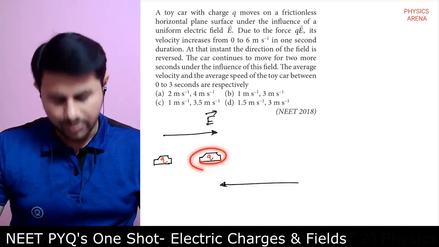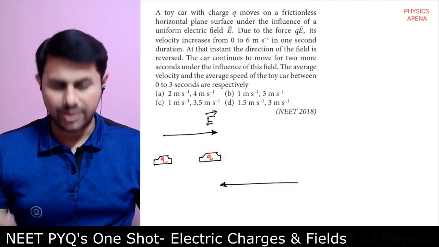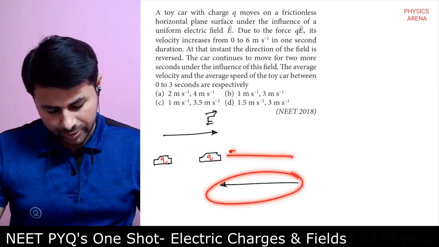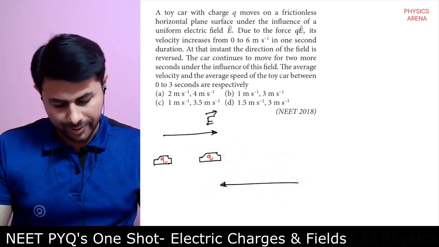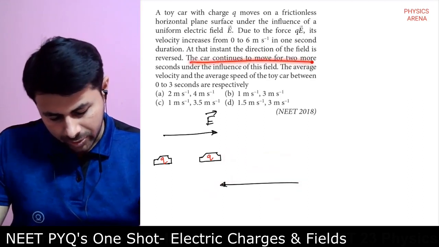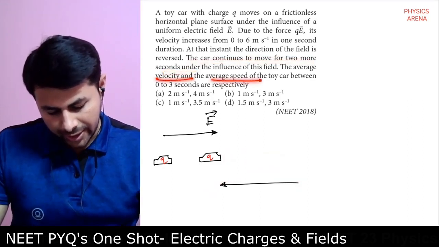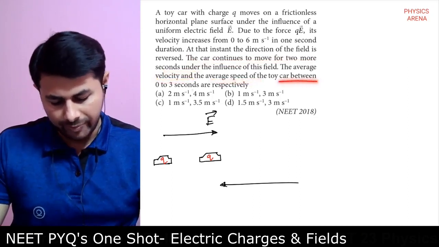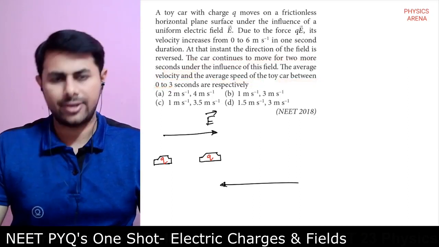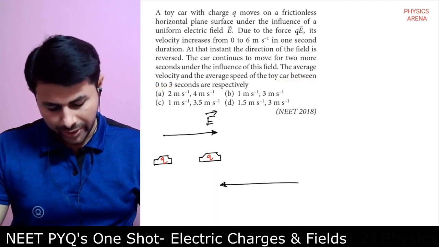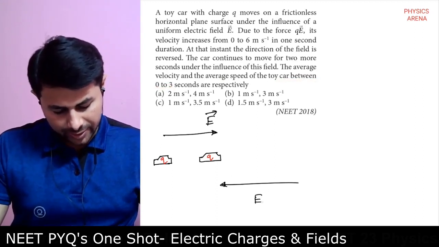Now, when it reaches this point in 1 second, the field is reversed. So now the electric field acts in the opposite direction. So now what will happen? It keeps on moving for 2 more seconds, and the average velocity and average speed of the toy car between 0 to 3 seconds are, respectively, this is the question. Now the field is reversed.